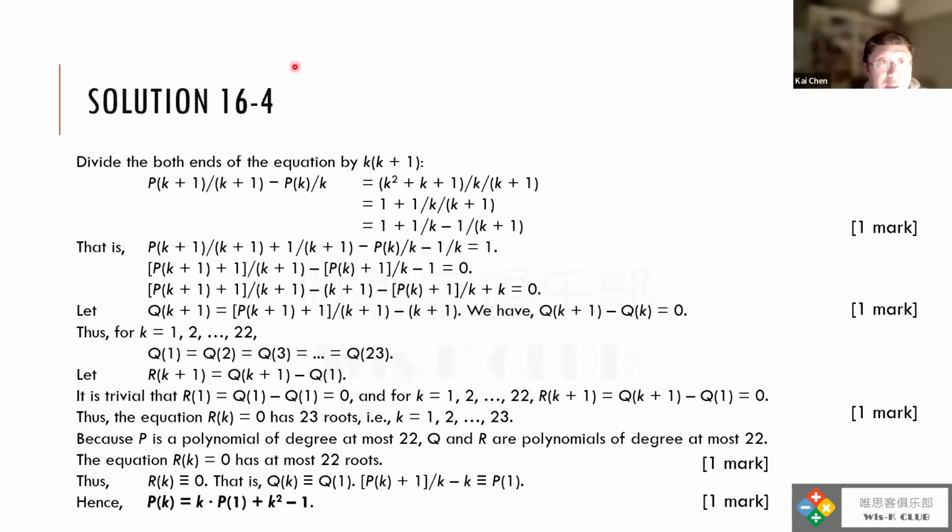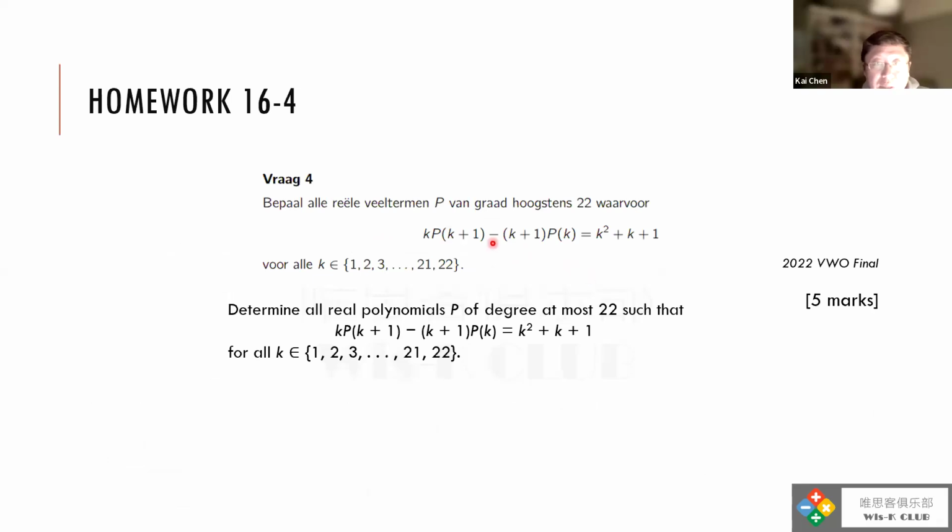So P1, what the chat says, P1 must be minus 2. Then I will go back here. So if I go back to this equation, let's see if P1 is, for example, 0.